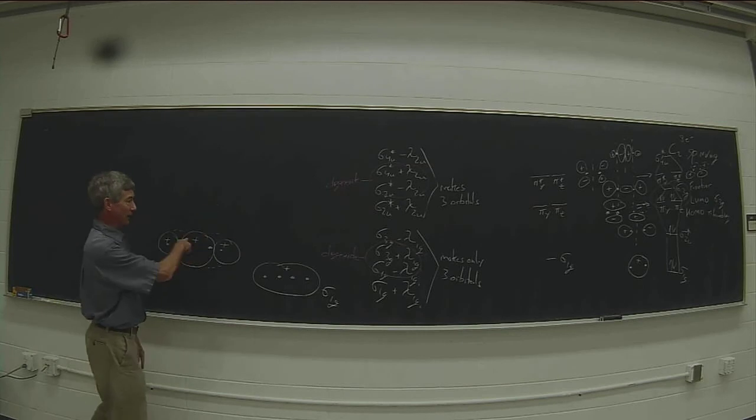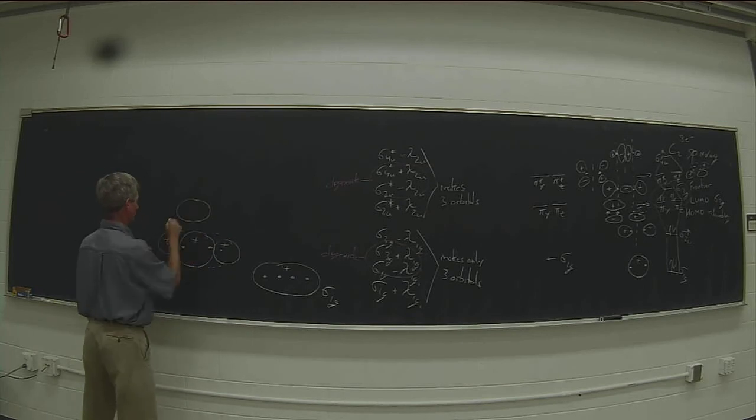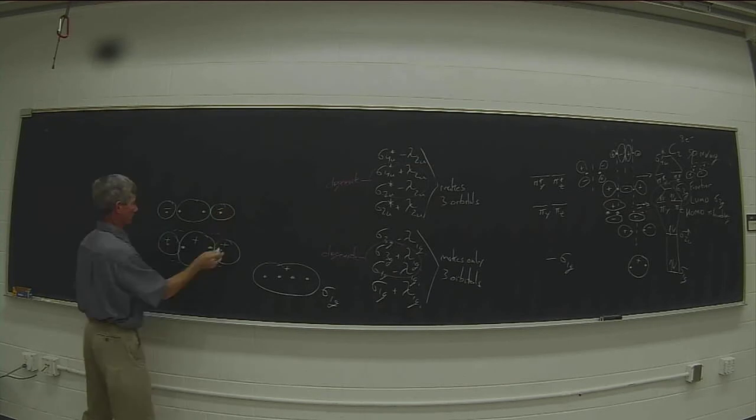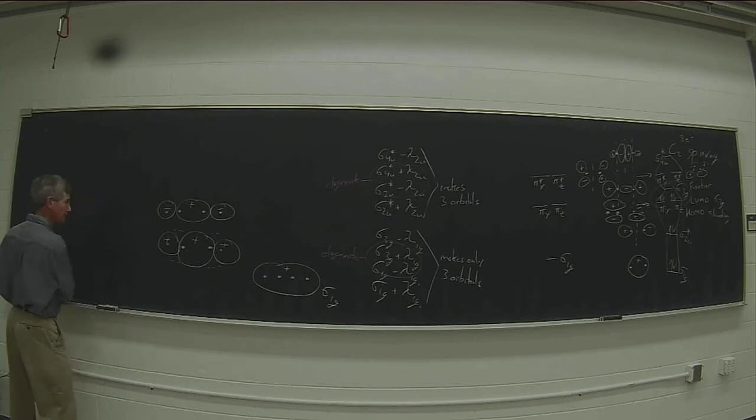Sigma 1g minus lambda 1g would involve changing the sign on the ligand group orbital, and we would now create a new node.